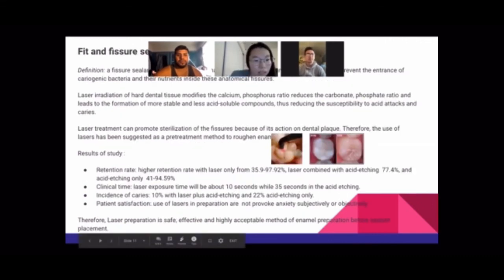Lastly, treatment of fissure sealant. The laser irradiation of the hard dental tissue modifies it and reduces its susceptibility to acid attacks and caries. Laser treatment can promote the sterilization of fissures because of its action on the dental plaque.